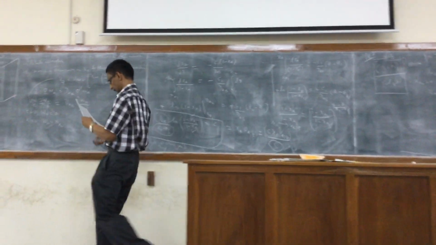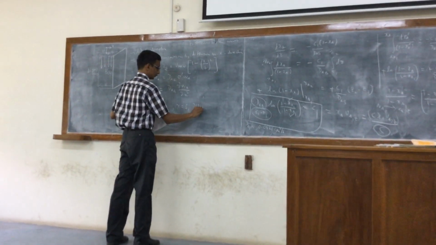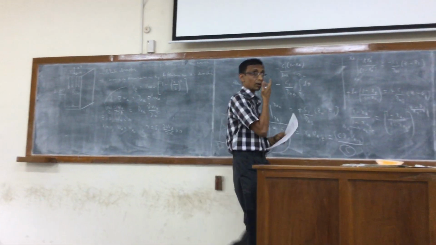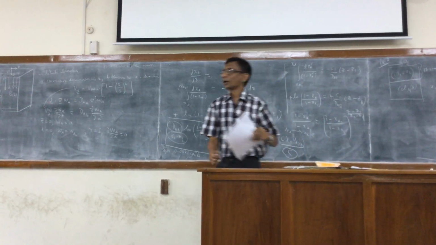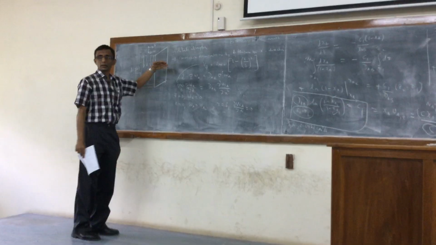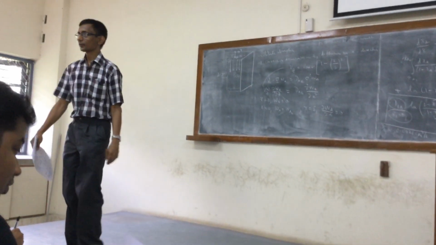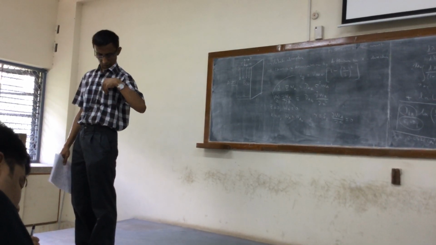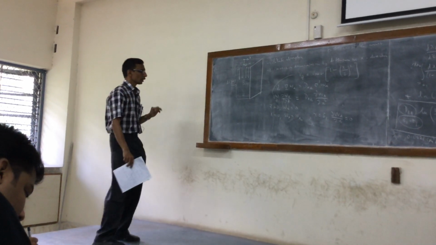Right? So at X equal to 0, then at X equal to delta, we take dW_A by dx equal to 0. That is simply showing that because this is an impermeable wall, A cannot diffuse through the wall. So the flux is 0, which would lead to the gradient of the weight fraction being 0.